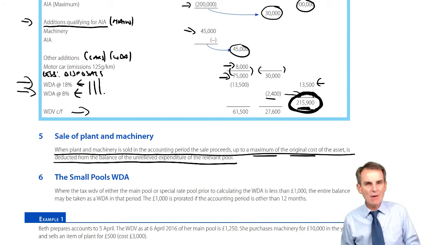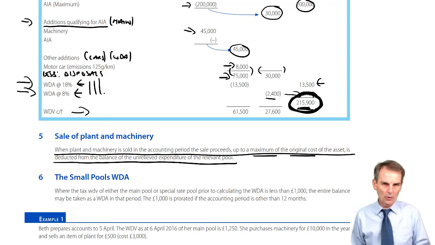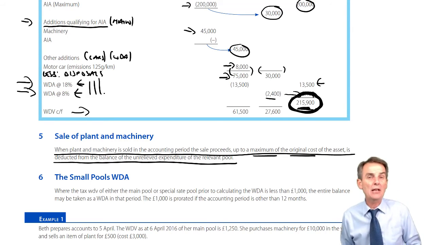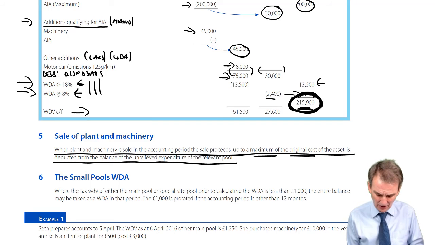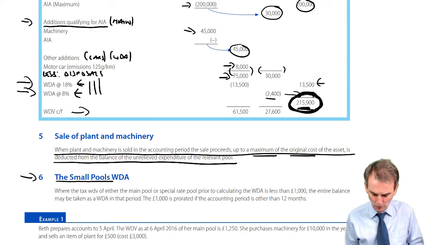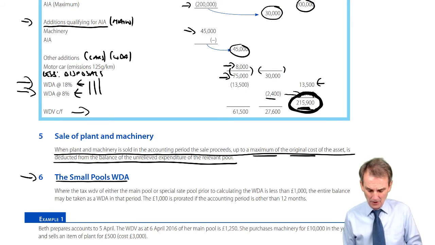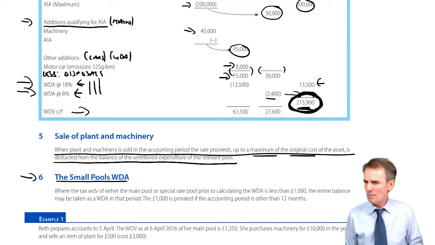But if that residue is a low figure, then rather than taking just 8% or 18% of that low figure, we can take the whole lot. In section 6, the small pool's WDA claim is available to you. When is it available? What do I mean by a small figure?